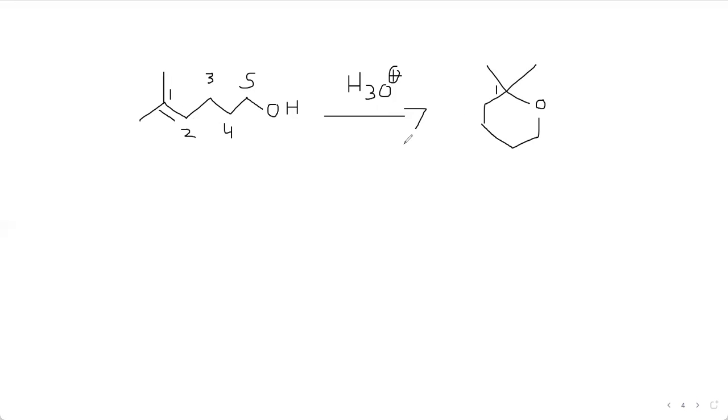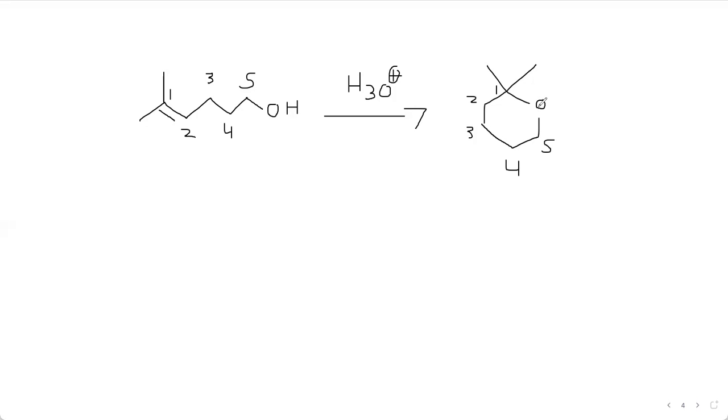1 is attached to carbon 2, which is attached to 3, which is attached to 4, which is attached to 5. And that makes sense because carbon 5 originally was bonded to the oxygen and it's still bonded to the O. So what's really happening here is that the O is somehow bonding to carbon 1 and losing the H. So this can get kind of complicated, but the overall gist is to first see, okay, what type of arrow am I going to have to draw?